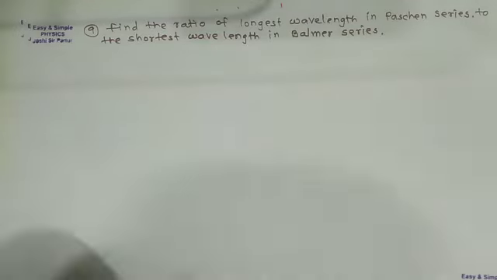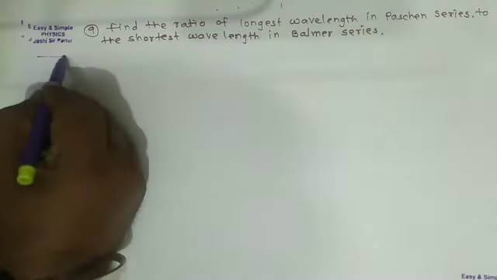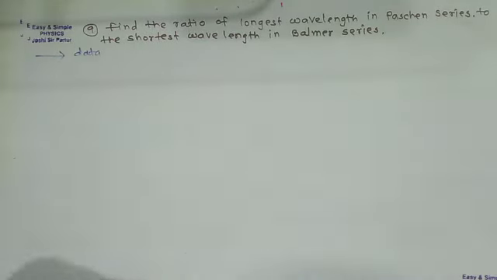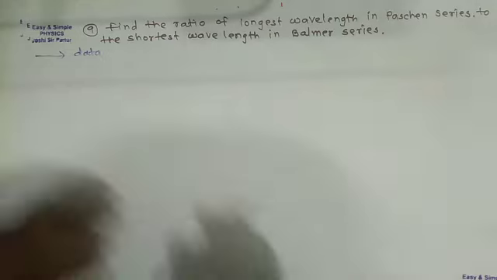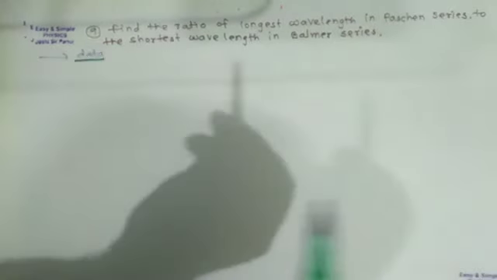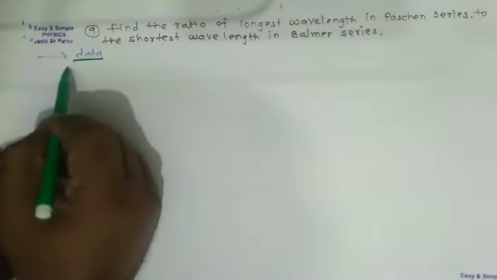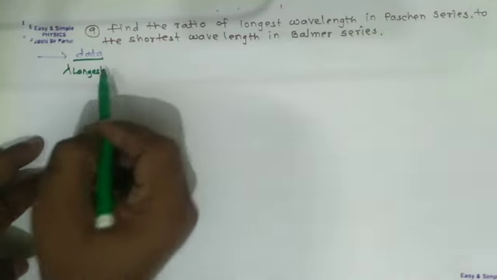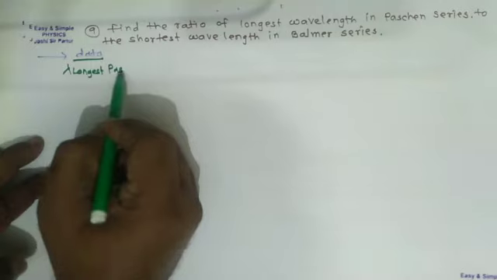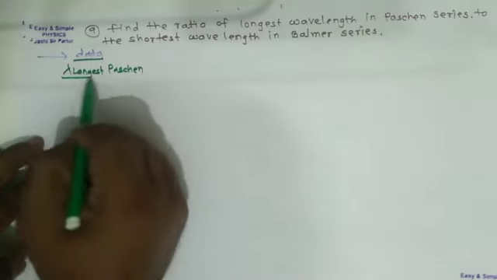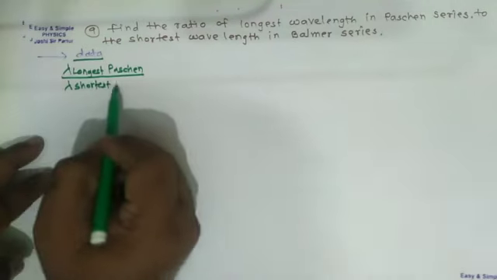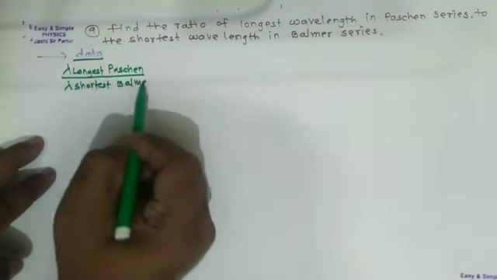So first, the data is written as the ratio of longest wavelength in Paschen divided by shortest wavelength in Balmer.